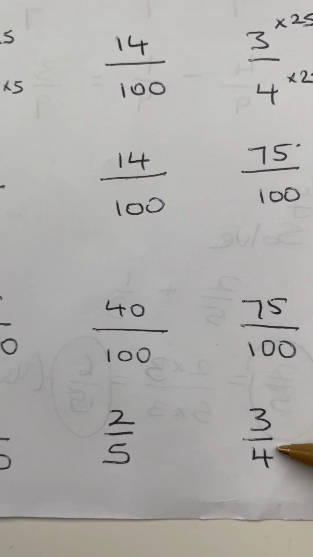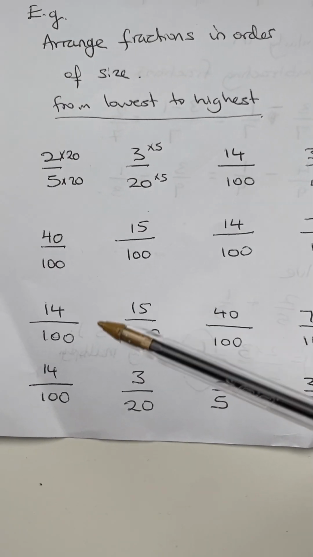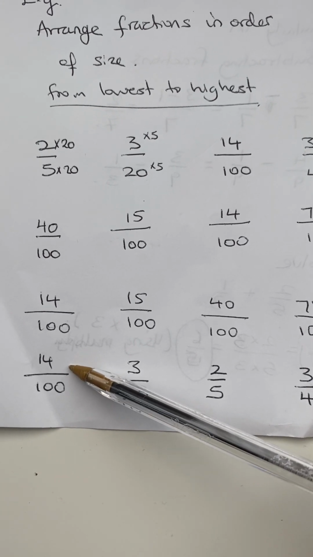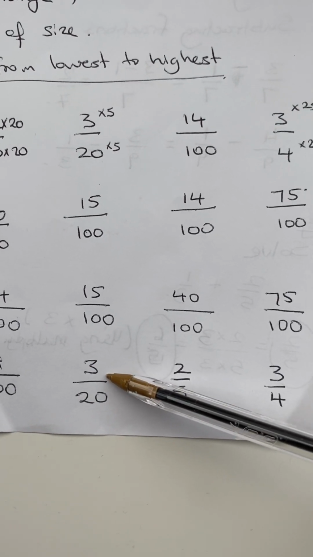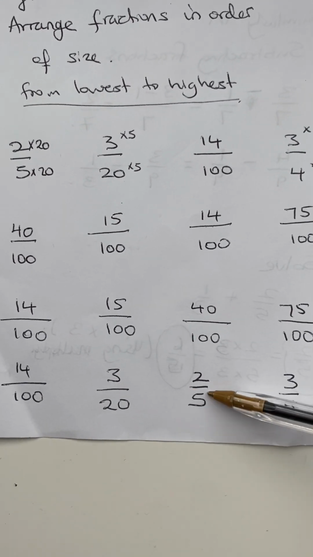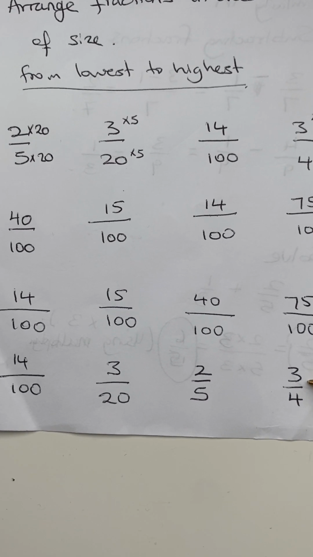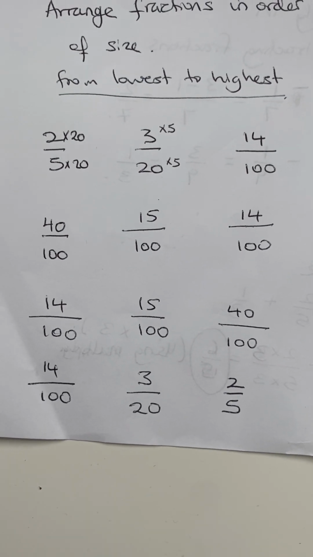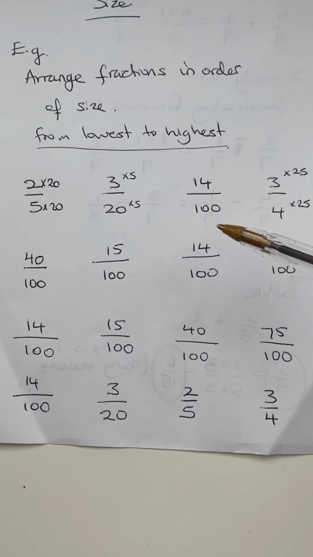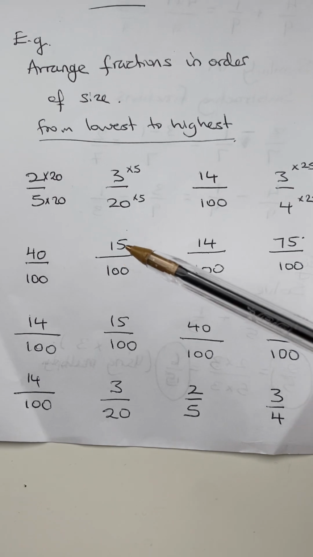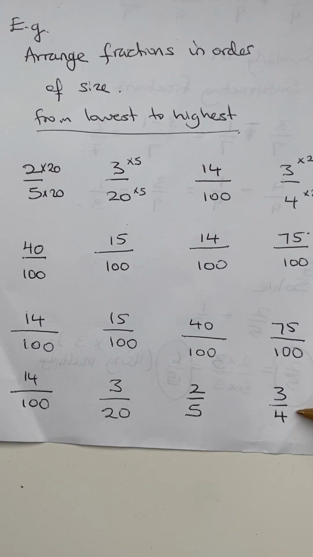So from the lowest to the highest is 14 over 100, 3 over 20, 2 over 5, and 3 over 4. Just by making the denominators the same, we have managed to write them in order of size.